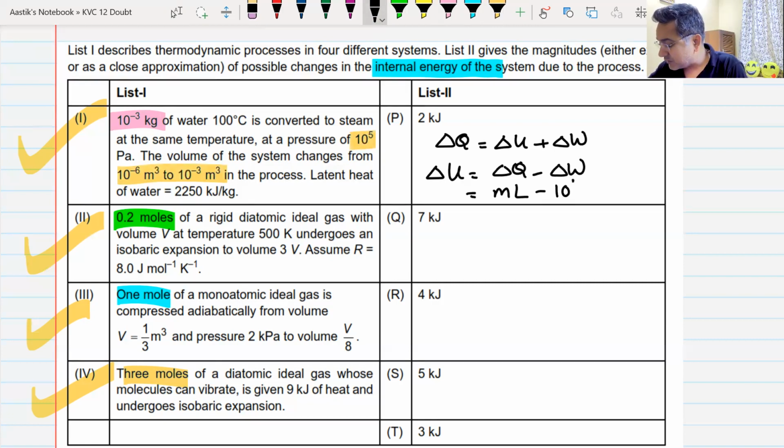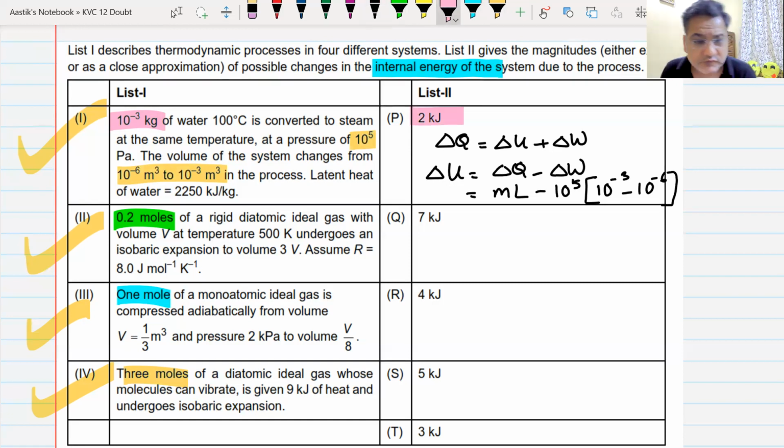Pressure is 10 raised to the power 5. Change in volume: final volume is 10 raised to the power minus 3 minus initial volume 10 raised to the power minus 6. Just have to calculate this. You get your answer and you stay happy. I think the answer that you are getting is somewhere around 2 kilojoule.